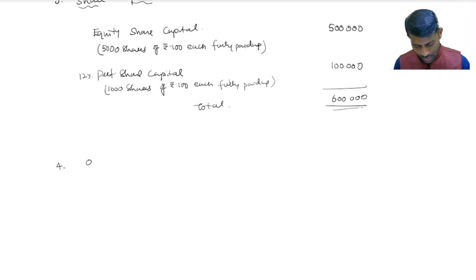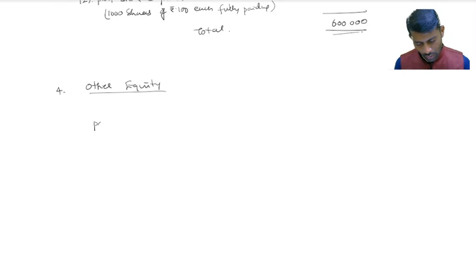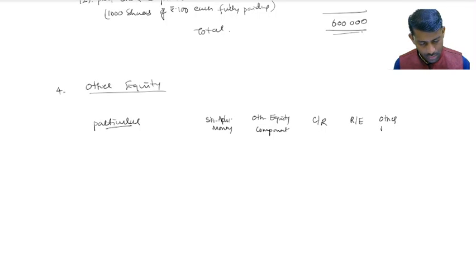Next, note number 4, other equity. The format is particulars, share application money, other equity component, capital reserve, retained earnings, other reserve, total.